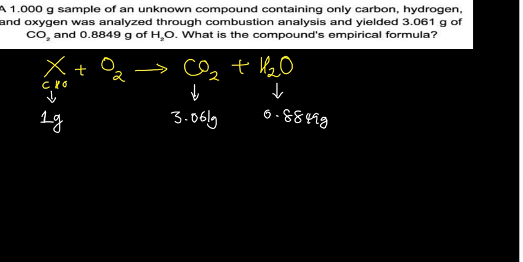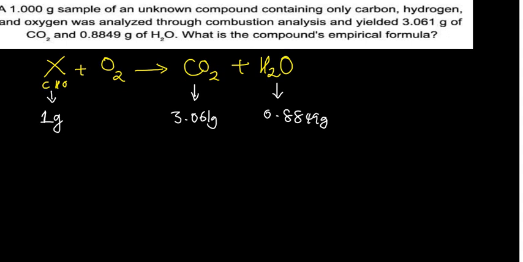Now one thing that you need to know is, remember this compound contains carbon, hydrogen, and oxygen. Since we only have carbon on the reactant side and we only have one carbon here, according to the law of conservation of mass, one law of stoichiometry says mass cannot be made or destroyed. It will only be converted from reactants to products.